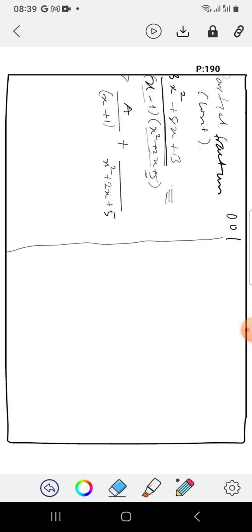Now, we are putting A here because it's a constant, and we're choosing that constant because we know that x plus 1, the denominator, is actually linear in nature. So if it is linear in nature, we select a constant as the numerator because we want a proper fraction, meaning that we have something smaller at the top and something bigger at the base.